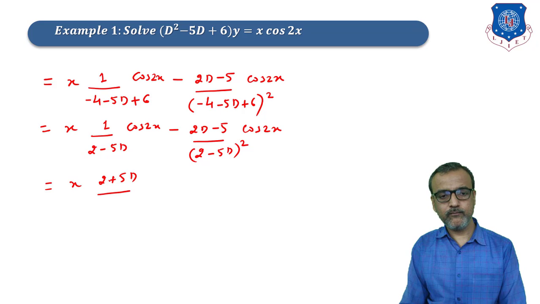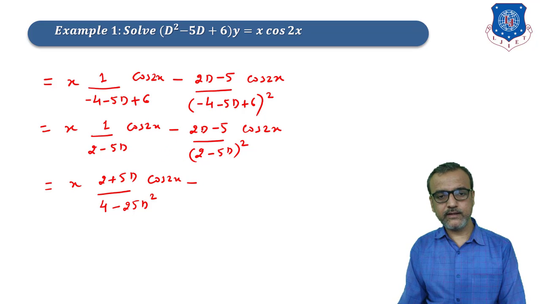If you will multiply 2 minus 5d by 2 plus 5d, you will get 2 square minus 5d square. Because a minus b, a plus b, that is equals to a square minus b square. So we have 2 square, that is equals to 4, minus 5d square, that is 25d square, cos 2x will be as it is. This minus sign will be as it is.